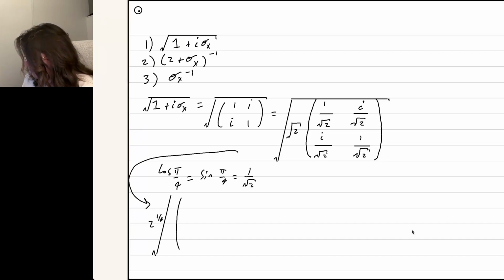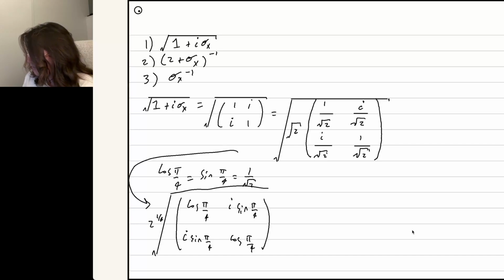Then we have cosine pi fourths, i sine pi fourths, i sine pi fourths, cosine pi fourths.